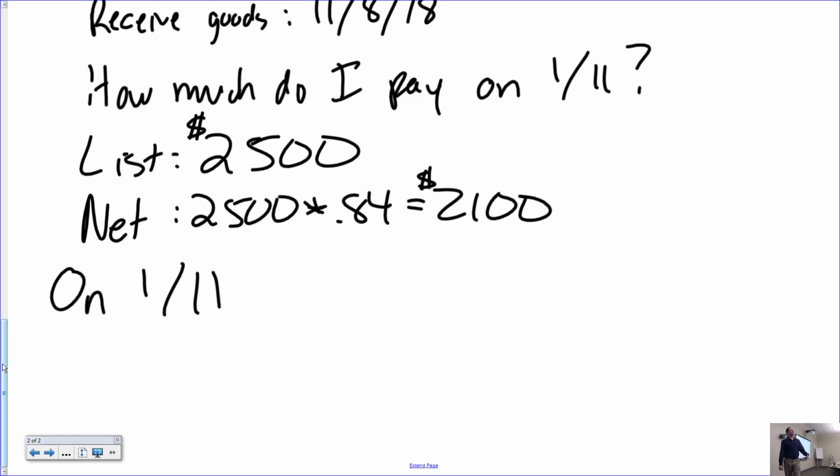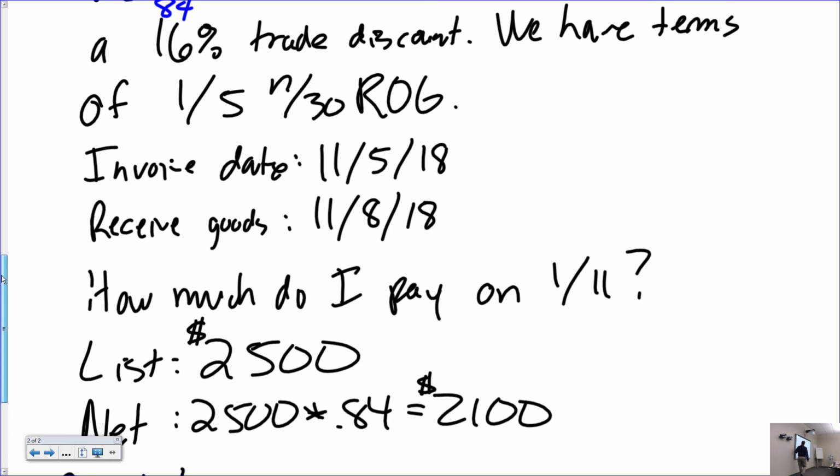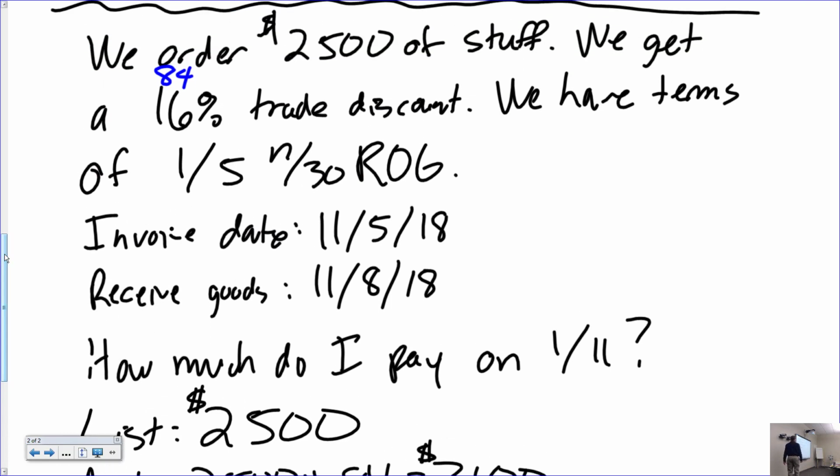Now that we're paying for this stuff on 11/11, what kind of a discount do we get? 1%. Why 1%? Because it's within 5 days of the receiving date. Good. All right. So note, when you see ROG, my advice, cross out the invoice date, because now the only date that matters is when you receive the goods.